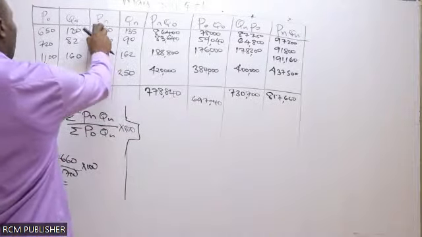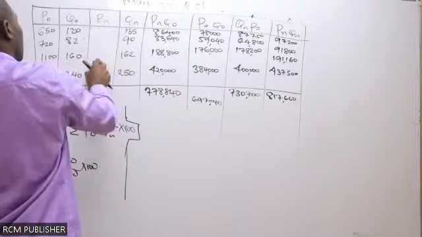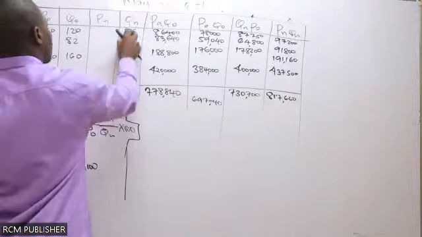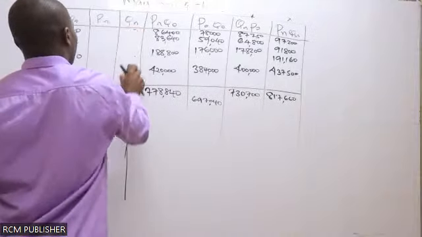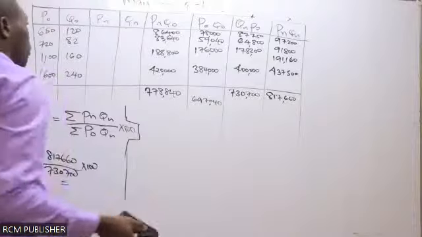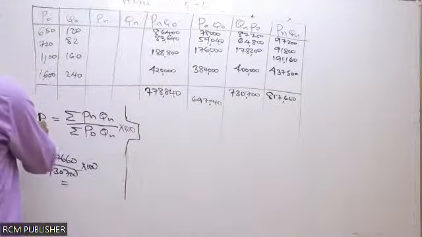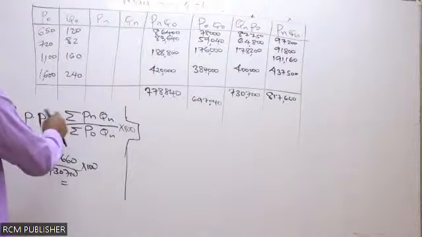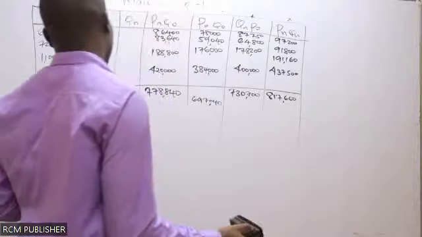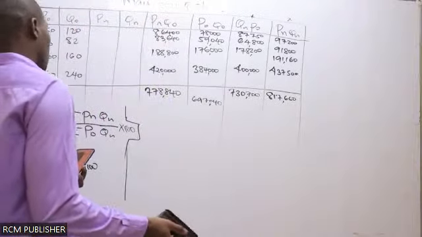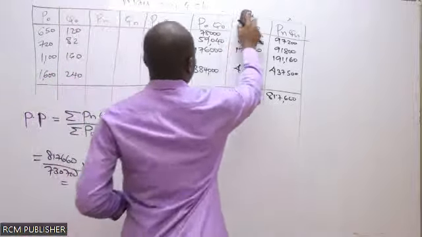The values for PN are now changing because our PO and QO remain the same. When they change, you now need to get a different value. The formula remains the same because we are told to get just for two different years. So the columns which we need are PNQN and also POQN. We can do away with these ones here.